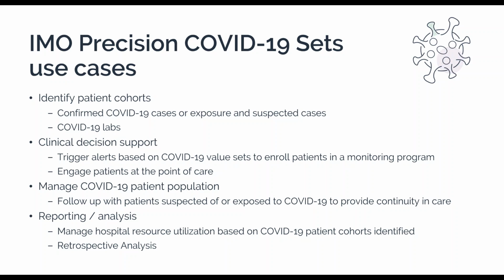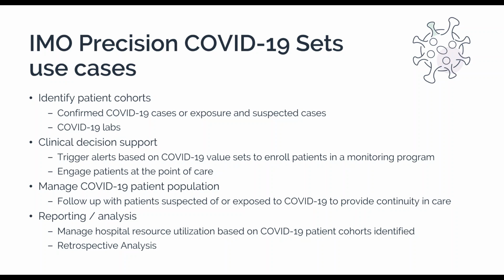These value sets can also be used for clinical decision support. For example, use a value set to trigger alerts to enroll patients in a monitoring program or to engage patients at point of care. For instance, if you have a patient coming in and you know they have COVID-19, you can take precautions and direct them to the appropriate part of your institution to ensure the safety of other patients and staff.